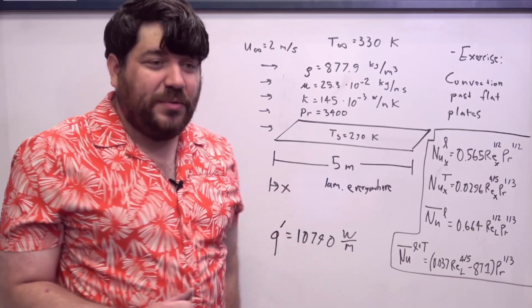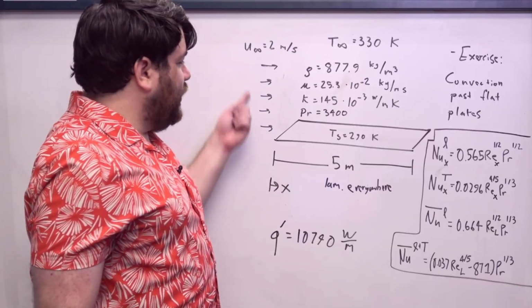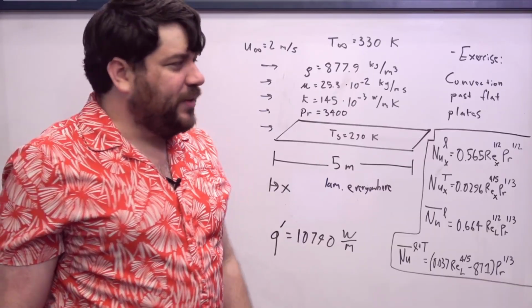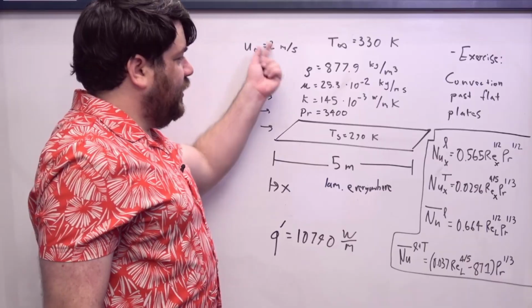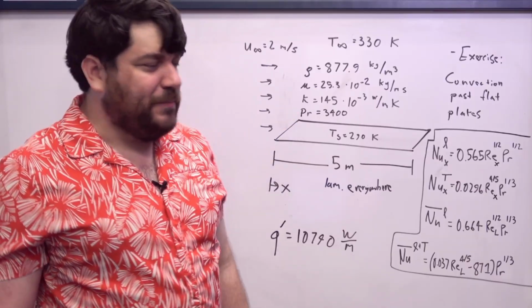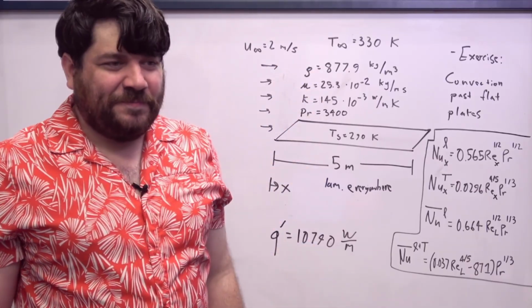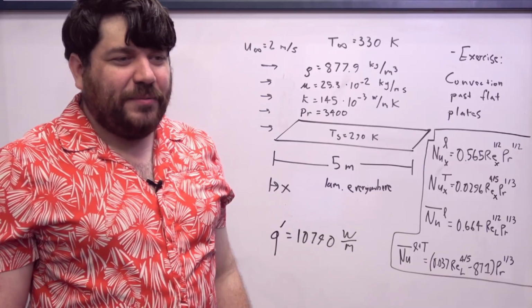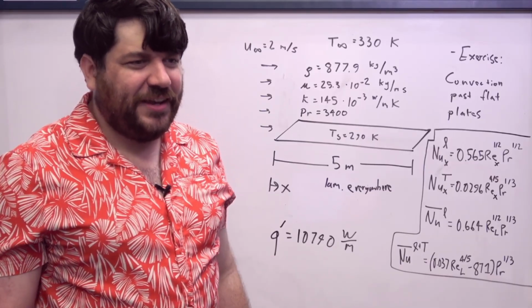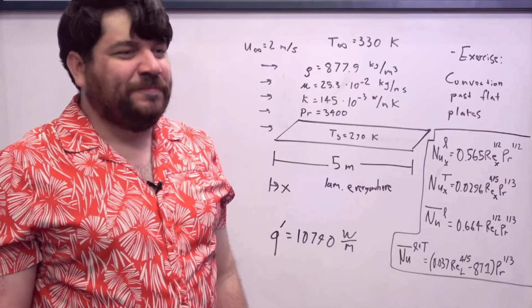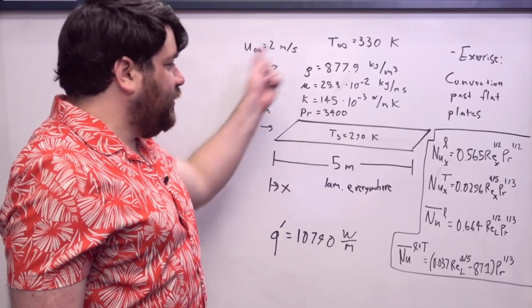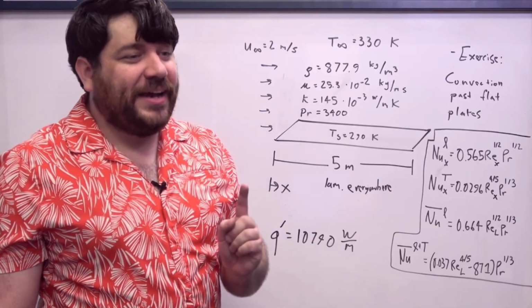So sometimes we might find that actually what this flow looks like, whether or not the flow is turbulent, won't just be a function of the fluid mechanical properties. It might also be a function of these things. But we'll get there when we get there. For now, let's just keep taking a look at forced convection and seeing how we can replicate this process for flow past a cylinder.